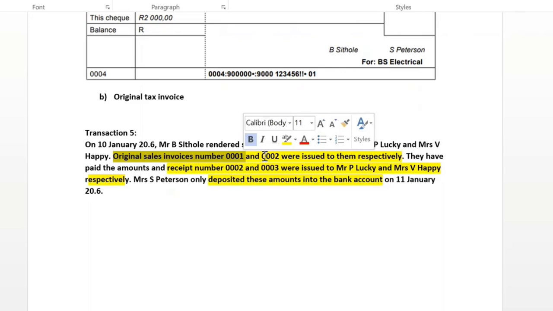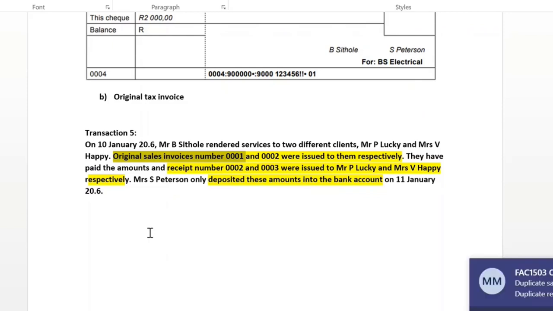So what is the proof or evidence that is left with BS Electrical that a sale occurred? So I'm saying duplicate sales invoices, duplicate receipts, and original cash deposit slip.